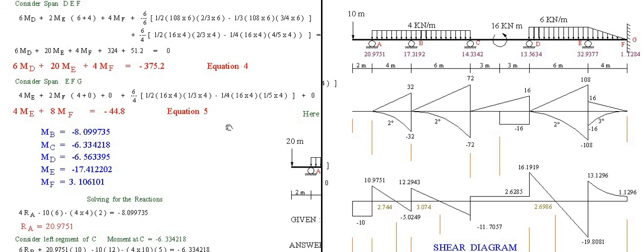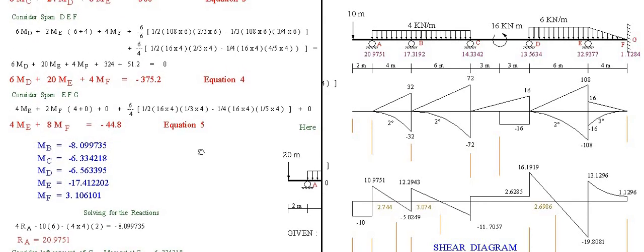Equation 5, consider span EFG, imaginary G. Okay, substitute the moment on the left of EFG, the moment at E times 4, plus twice the moment at the center F of EFG.